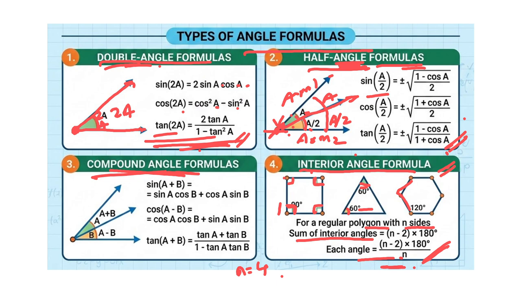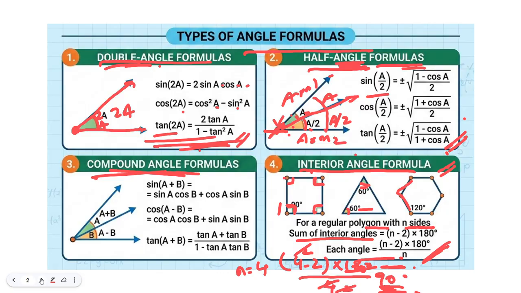We should get the answer as 90 degrees. 4 minus 2 times 180 degrees divided by 4. 4 minus 2 is 2, 2 times 180 is 360, divided by 4 is 90 degrees for a square. So when all sides are equal and all angles are equal, we get the exact interior angle.